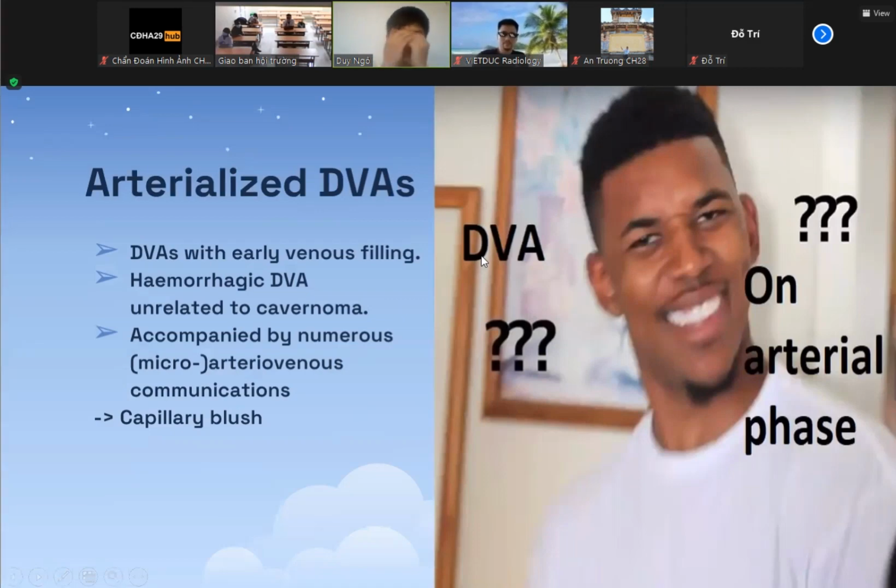Okay, that's all we have talked about the DVA, our story about the normal DVA, the common or typical DVA. But what about the other specific type, the special type of DVA? We call it the arterialized DVA. Arterialized DVA is DVA with early venous draining in arterial phase.